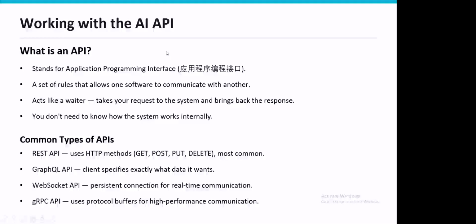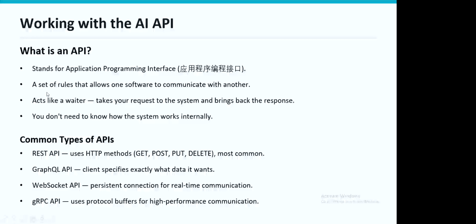What can I say? Maybe it acts like a waiter. It takes your request to the system and brings back the response. So it's actually a set of rules that allows one piece of software to communicate with another. So why do we say it acts like a waiter?